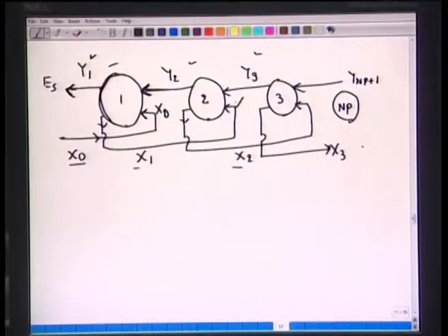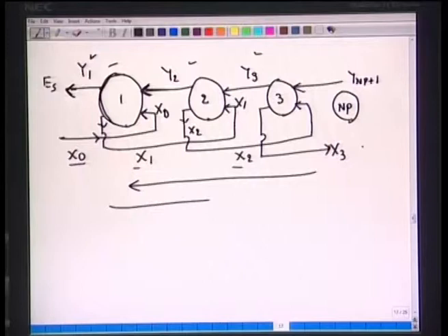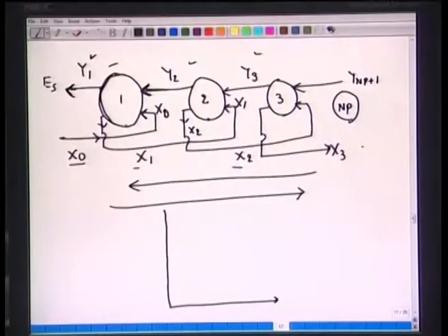Similarly, we have x1 and this is our x2. So although the overall process is counter current, where one stream goes like this and the other goes like this, individually we can still treat stages 1, 2, 3 as a co-current process, which means you can draw the equilibrium curve of y versus x, with the equilibrium curve given as this.